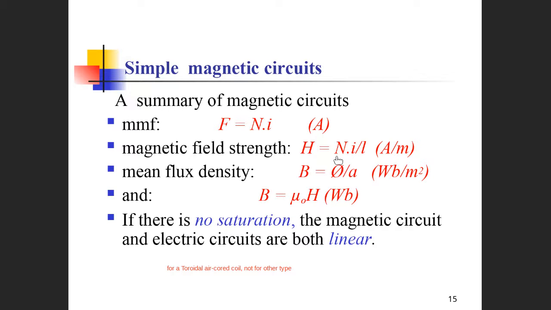Because if you know the H and mu0, the B can be obtained, and then the flux can be obtained. And also the other parameters, including the reluctance, the inductance, and so on.